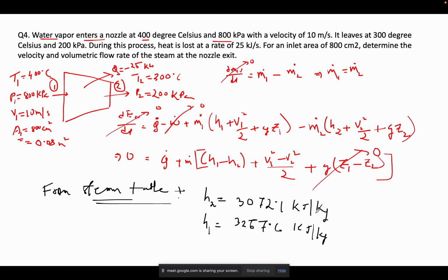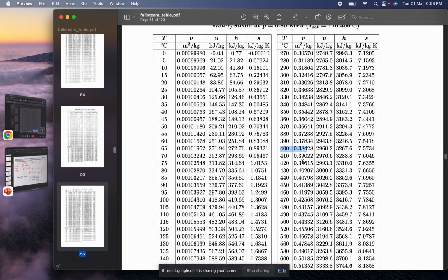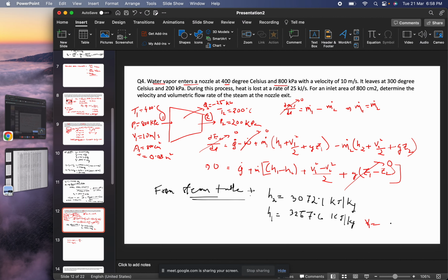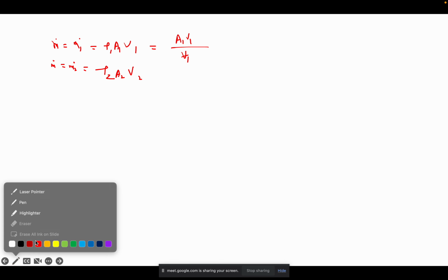So from the steam table we also need to check what is v1. The v1 is 0.38428 meter cube per kg.